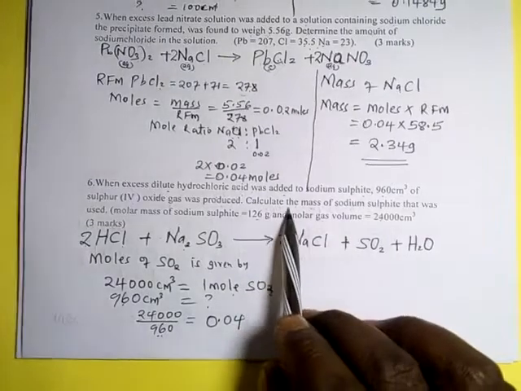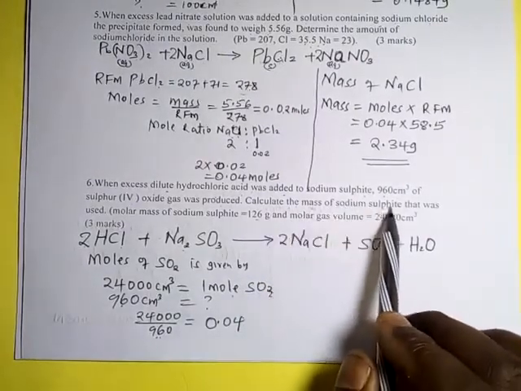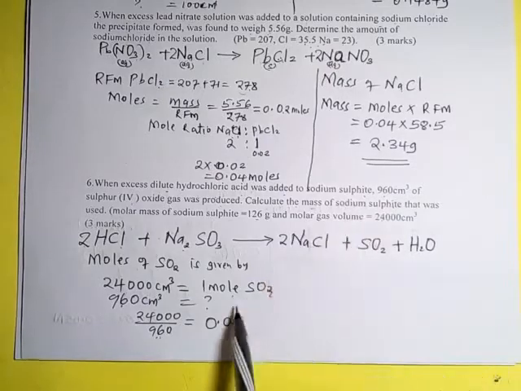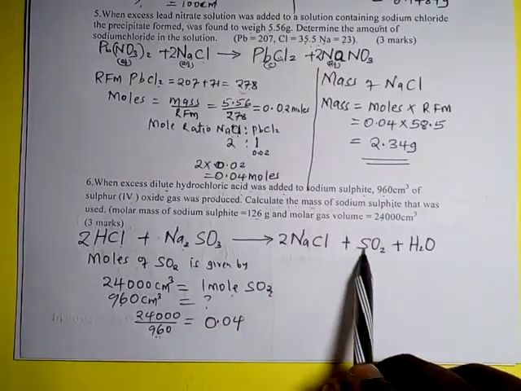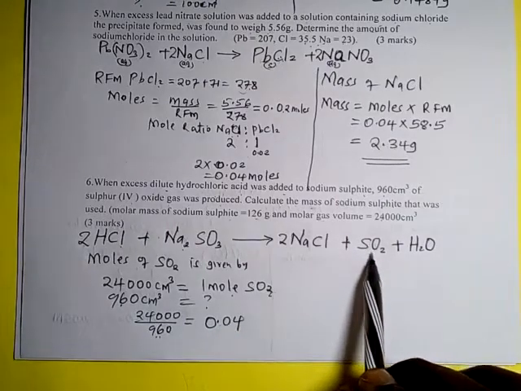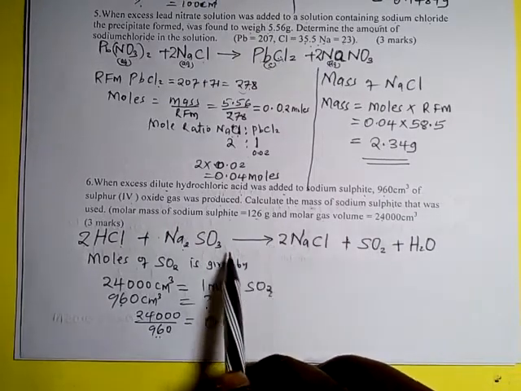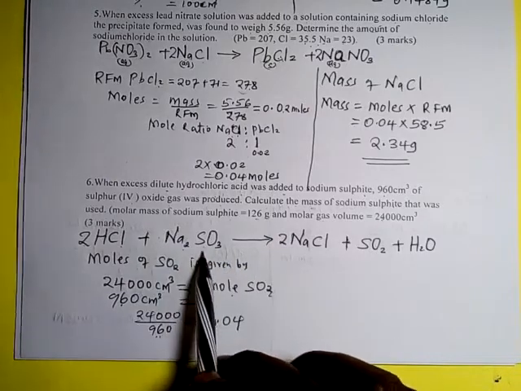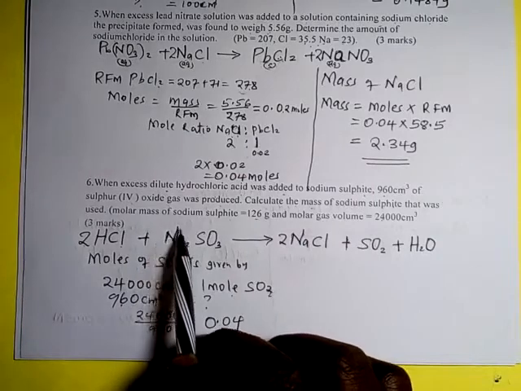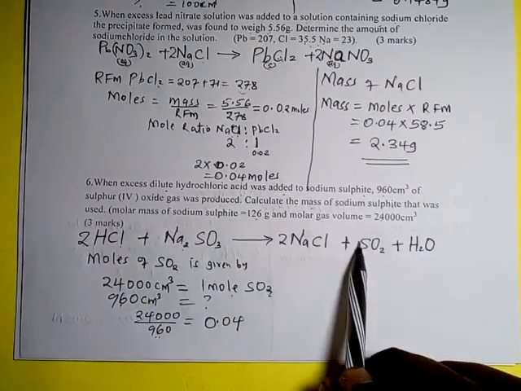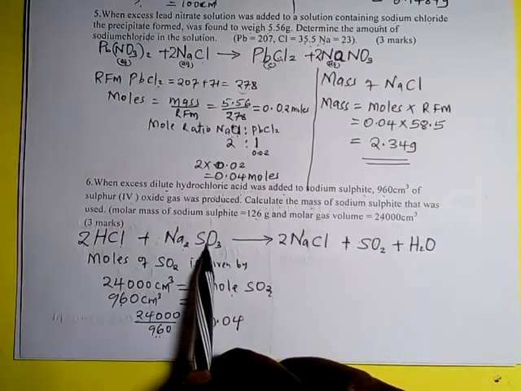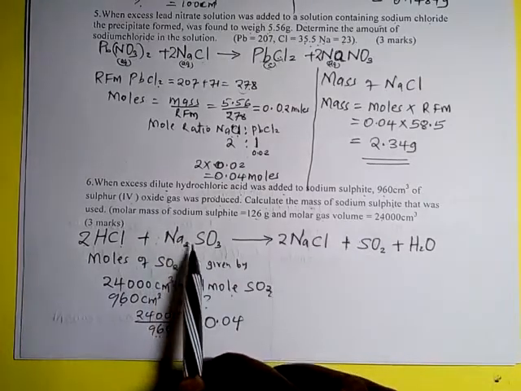But we want to calculate the mass of sodium sulfite. What is the relationship in this equation? What we have is the number of moles of sulfur 4 oxide. From the equation we can see the relationship using the mole ratio. The ratio is 1 to 1, meaning that the number of moles of the sulfur 4 oxide gas will be equal to the number of moles of the sodium sulfite.